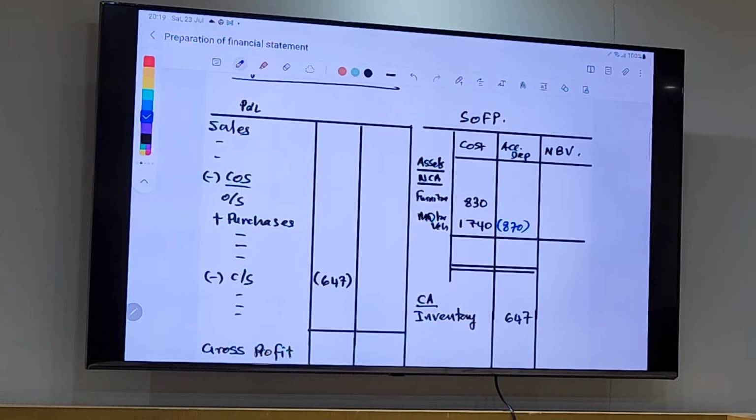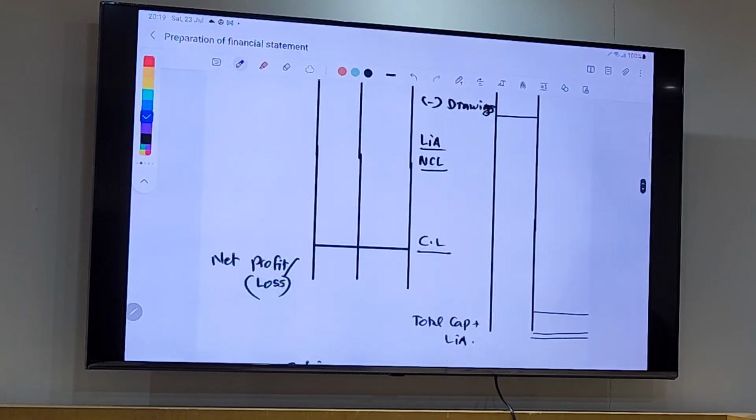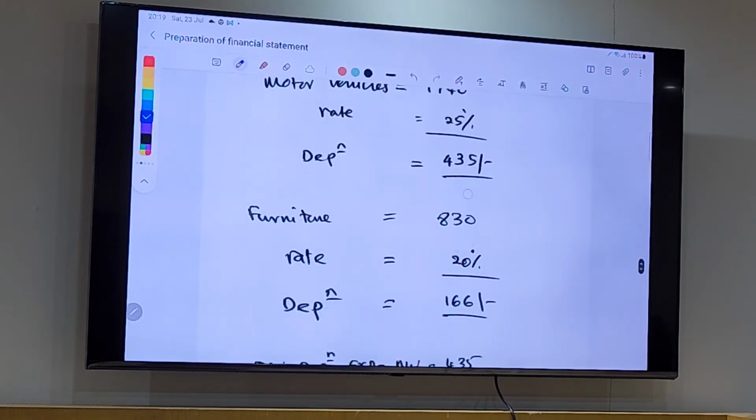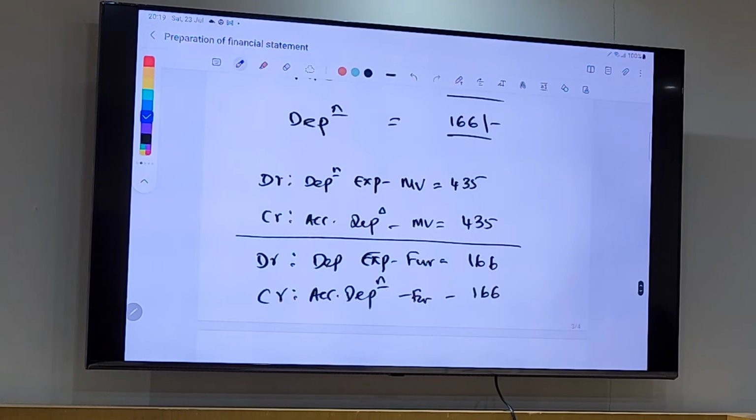You will get both. This one is the depreciation for motor vehicle. This one, furniture. Clear?